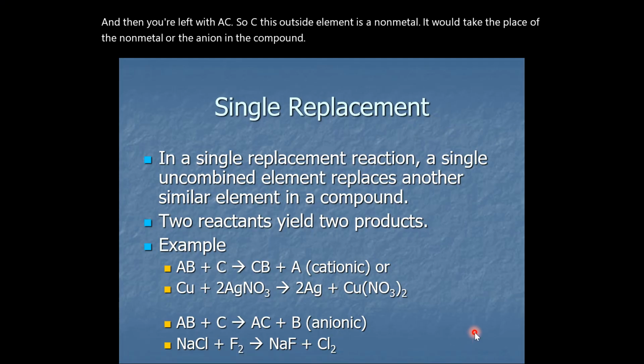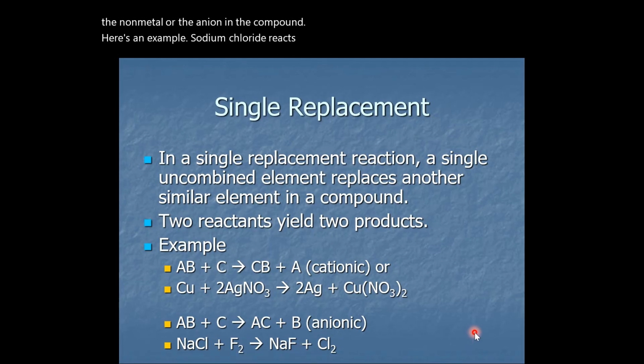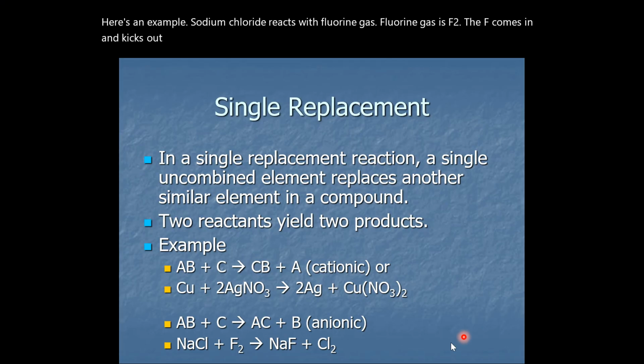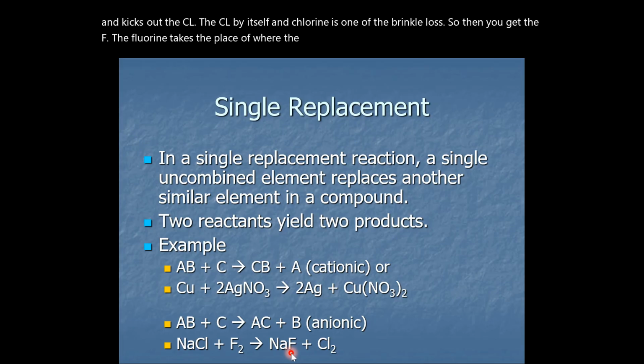Here's an example. Sodium chloride reacts with fluorine gas. Fluorine gas is F2. The F comes in and kicks out the Cl, leaving Cl2 by itself, and chlorine is one of the Brinkelhoffs. The fluorine takes the place of the chlorine, and you get sodium fluoride as a product.